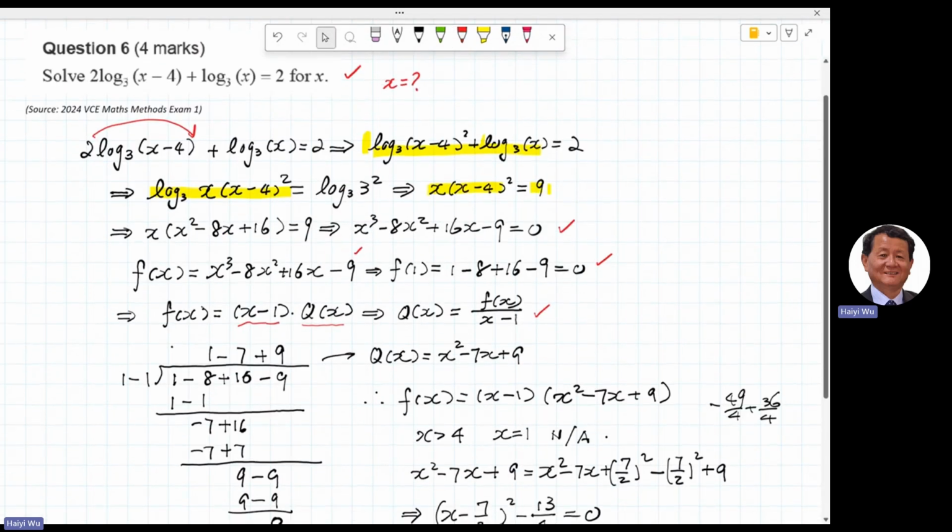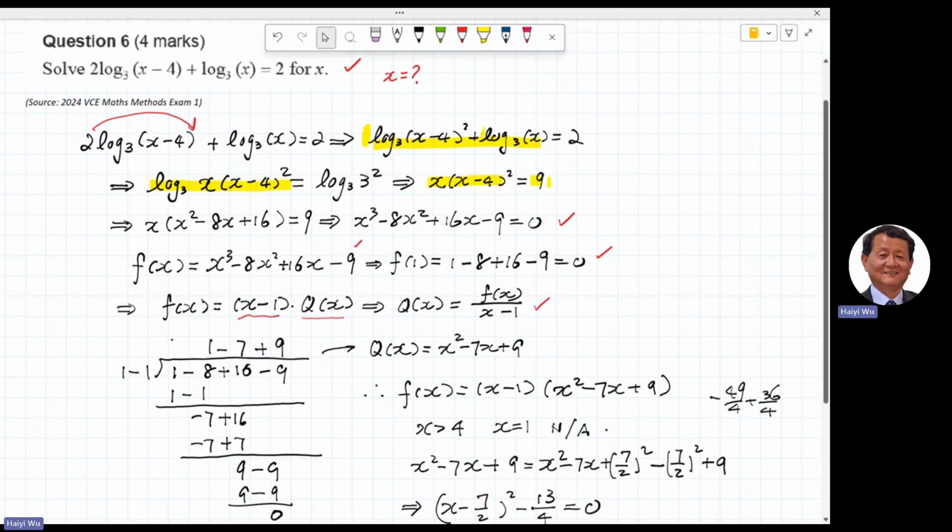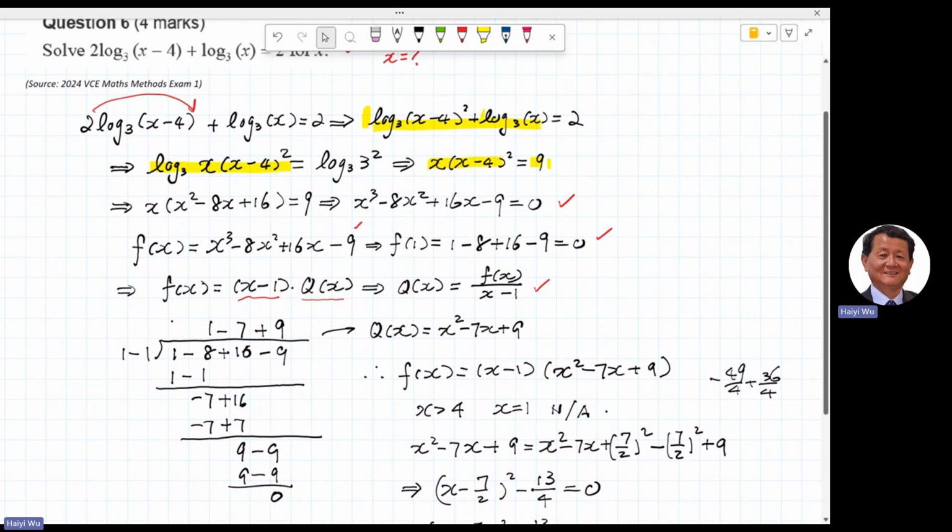This is the quotient, and we can use long division to solve for q(x). How do I do that? Can you see I put all the coefficients in the long division sign: 1, negative 8, 16, negative 9.